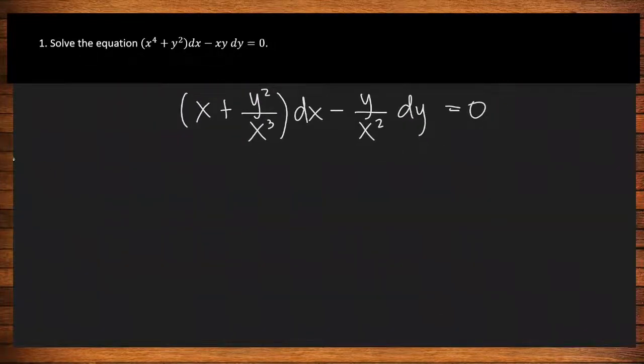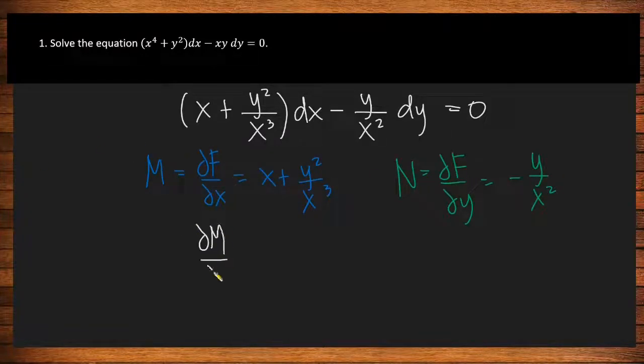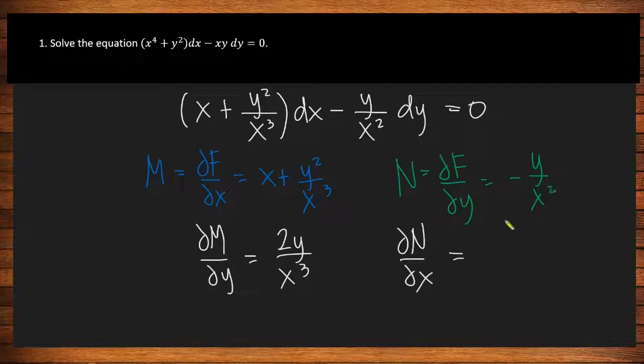So to check kung exact na ngayon itong equation na ito, yung gagawin lang natin is we will take the partial derivative of m with respect to y and then compare that to the partial derivative of n with respect to x. So we can now see here that these two values are equal, therefore this equation is now exact.